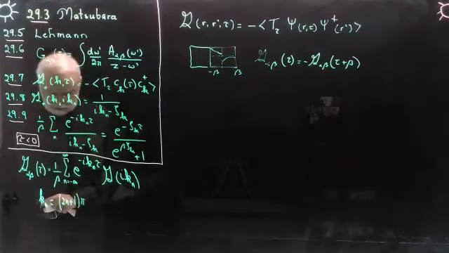There's a temperature here, so beta cancels the temperature. So now I just have 2n plus 1 times pi. So it's an odd number of times pi times i, which is a minus sign. Okay? So it does have this property.